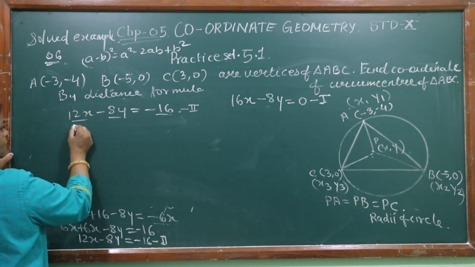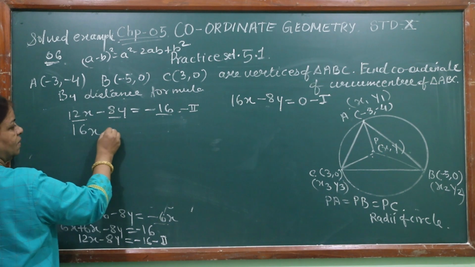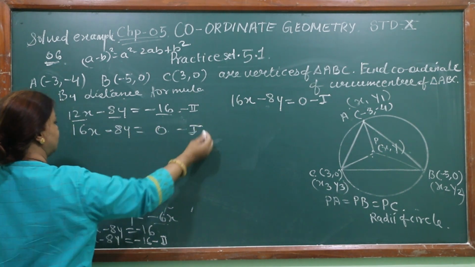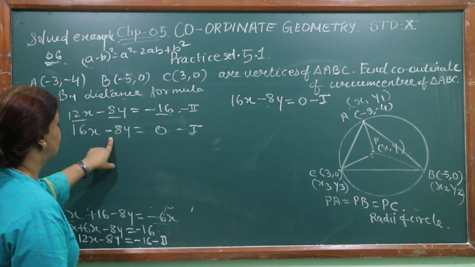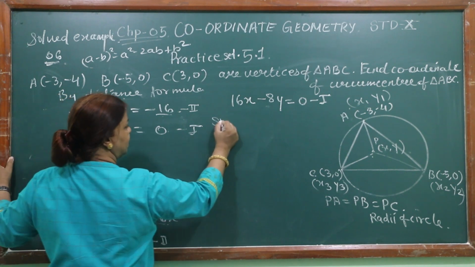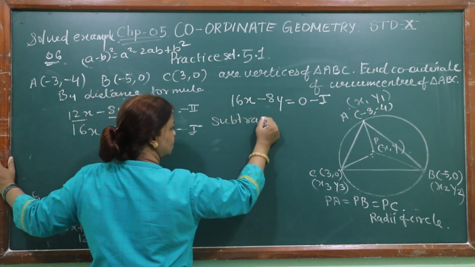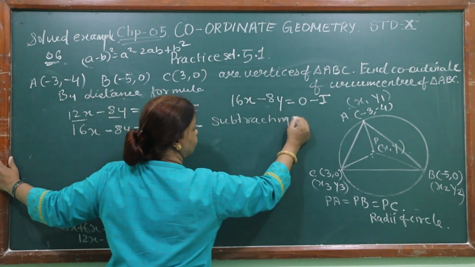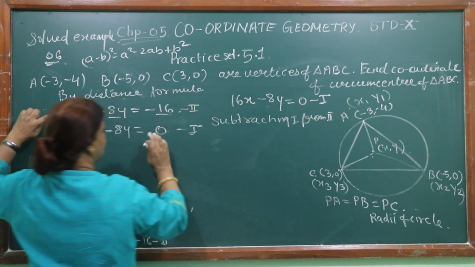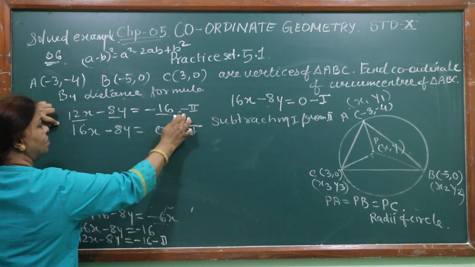Okay, let us see. 16x minus 8y is equal to 0. This is my first equation. Operating these two, I will be subtracting first from second. See, this is my first, I am subtracting it from second.